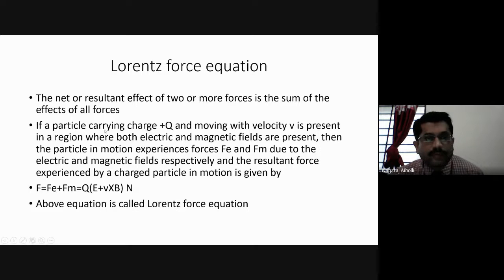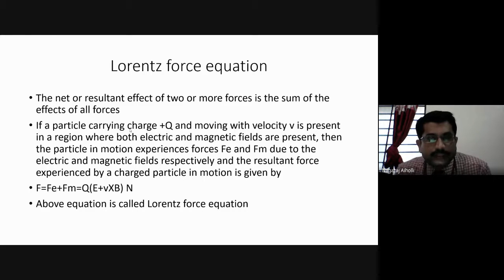If a particle having the charge q is moving with the velocity v, and on this particle both electric and magnetic fields are applied, both electric and magnetic fields are present in the region where the charge q is moving with the velocity v, then the total force on the charge q is the sum of the forces Fe and Fm.